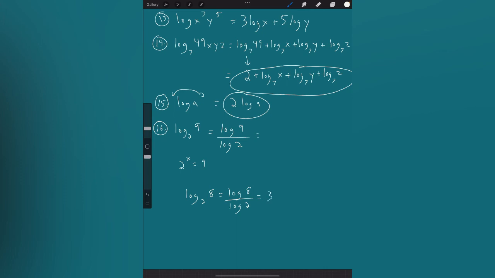So on my calculator for number 16, going back to this part of the problem, I'd type log 9, and then say divided by log 2, and then click enter, and I get 3 point, and it tells me to just evaluate the expression to the hundredth.